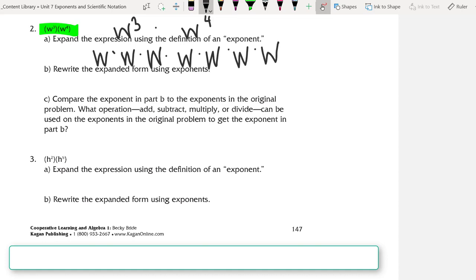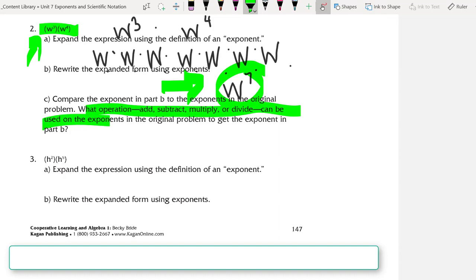Now rewrite that using exponents. So how many w's do I have here? That would be w to the seventh. So comparing part A to what we got for part B, what operation can be used on the exponents to get part B?